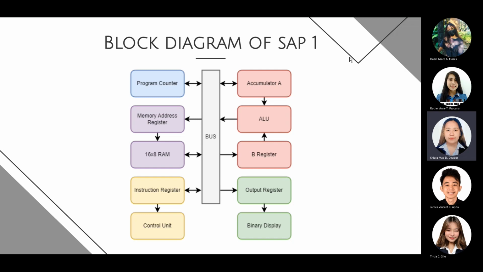And then the output register, this register holds the output of the out instruction. And then the last is the binary display. It is a row of 8 LEDs to show the content of the output register. Binary display unit is the output device for the SAP1 microprocessor.